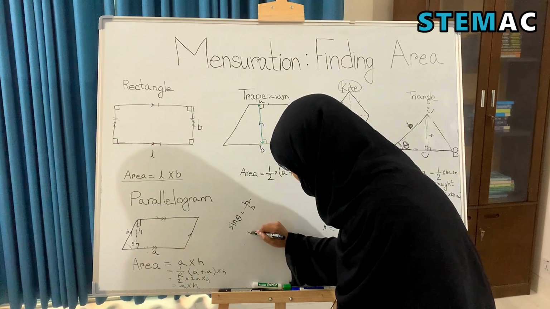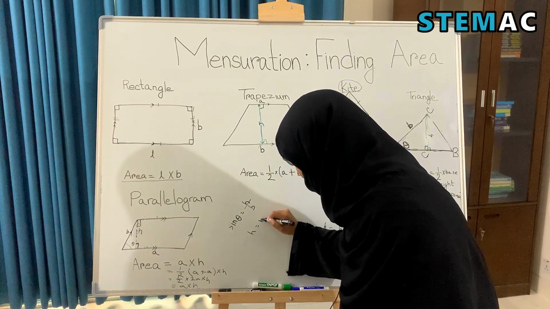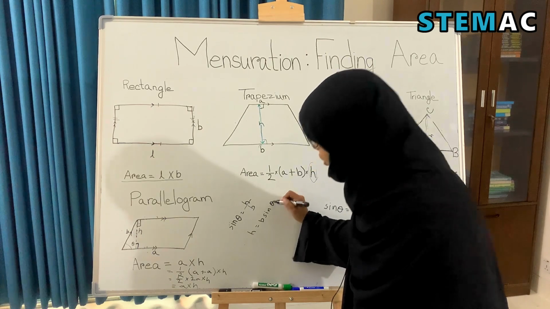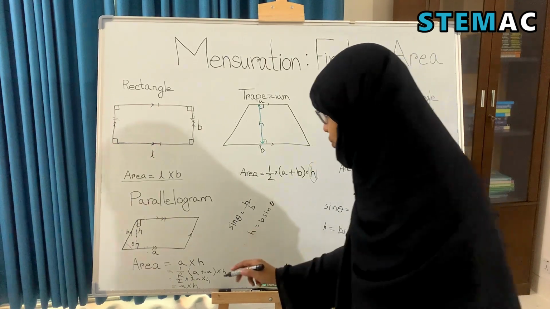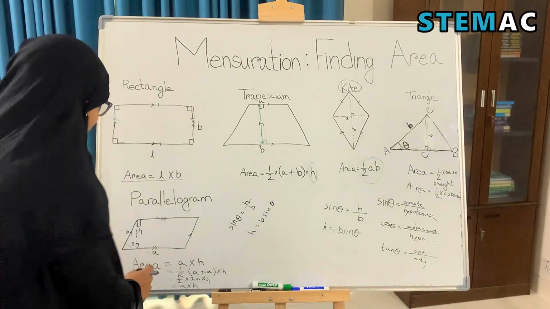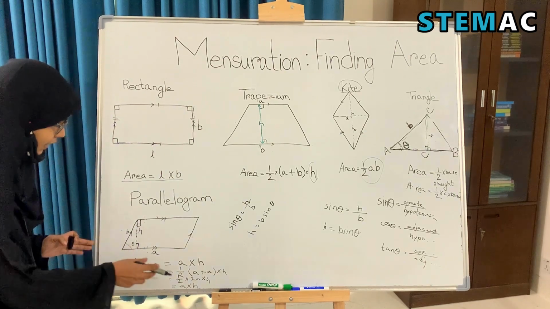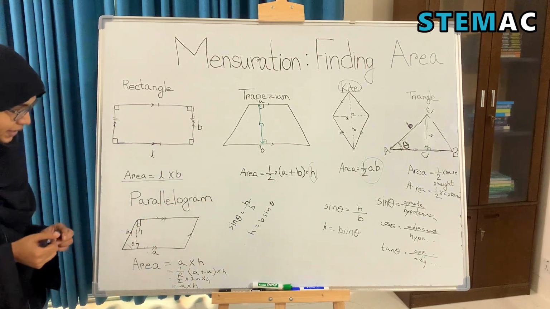So, h would be b sin theta, and in this way we can write the area of parallelogram as A into b sin theta, as h is b sin theta.